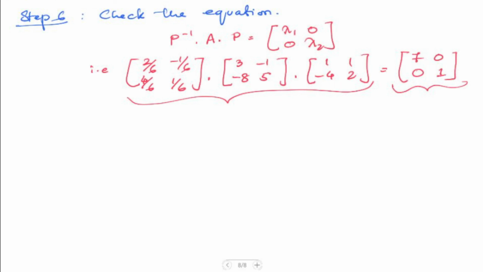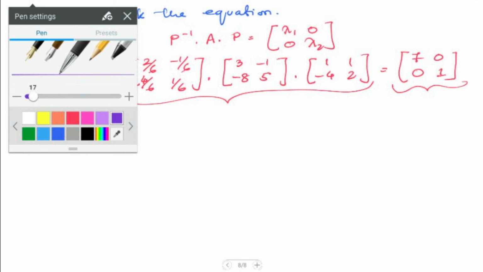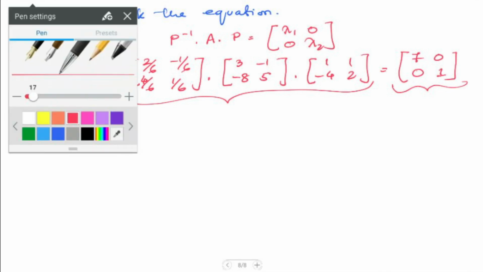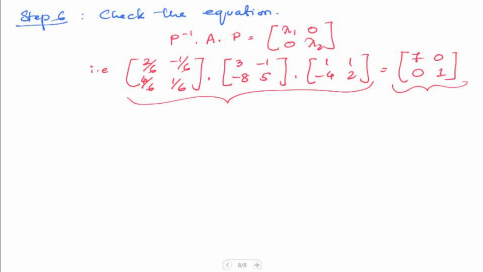Now that you know that, let's go ahead and solve this. I'll first work on multiplying these two here. That will give me, okay, let me write this down.